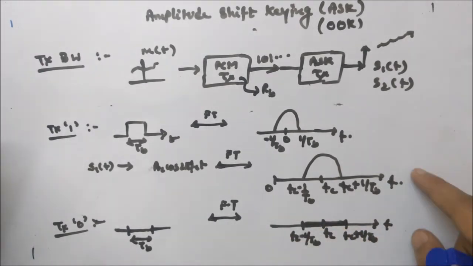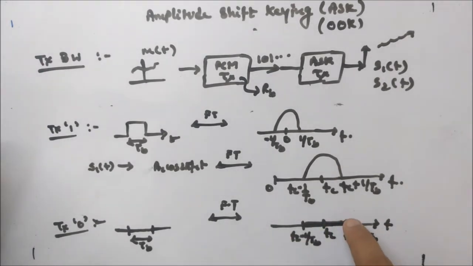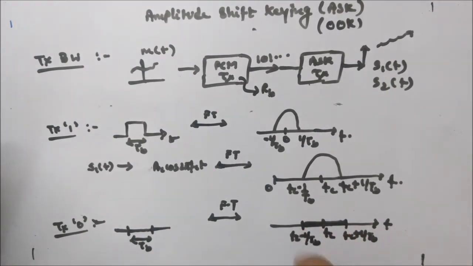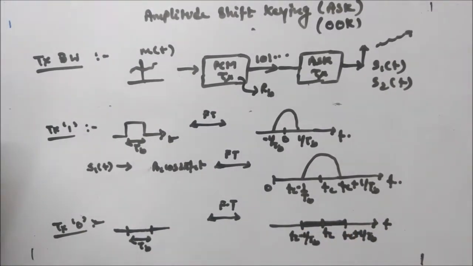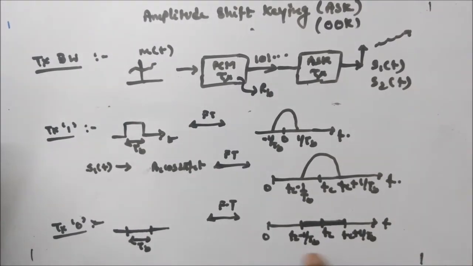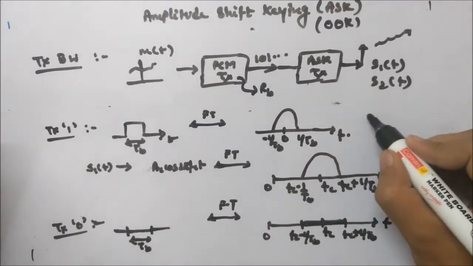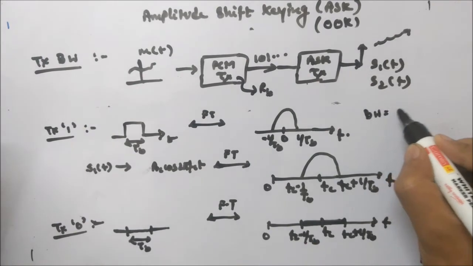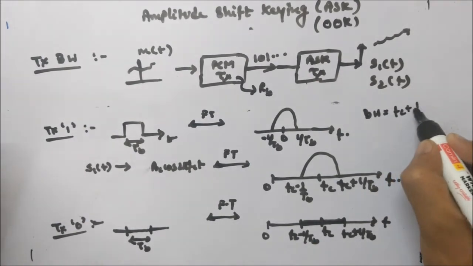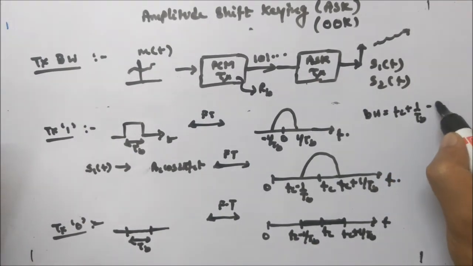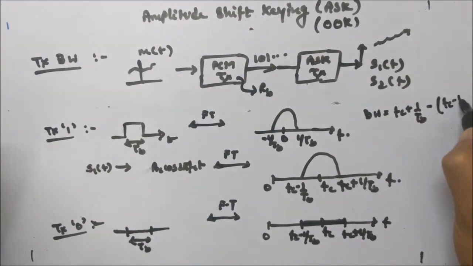So in both cases you can see the bandwidth in the frequency range. The bandwidth is the highest frequency minus the lowest frequency, that is, bandwidth is equal to fc plus 1 by TB minus fc minus 1 by TB.